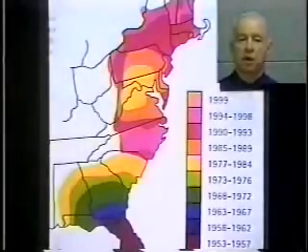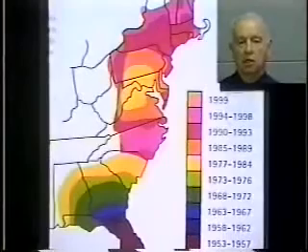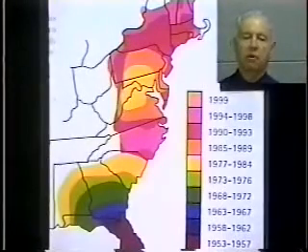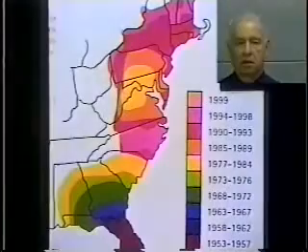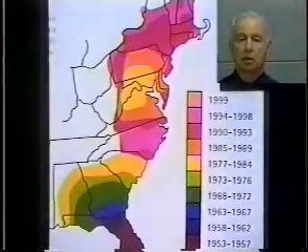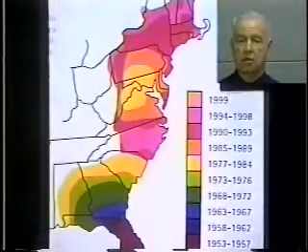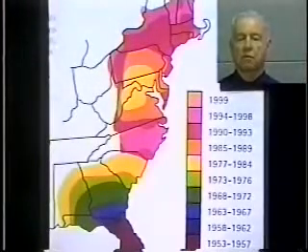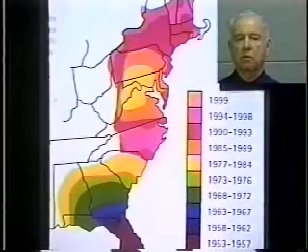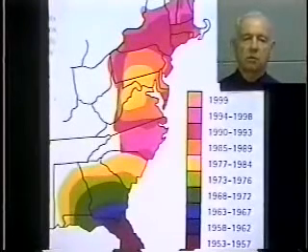Raccoon rabies has spread northward in the United States, initiating, we believe, in Florida, with the translocation of raccoons from Florida into hunting clubs in other states in the eastern part of the United States, and then the spread of the raccoon rabies northward. You can see from this slide that this continues to occur.